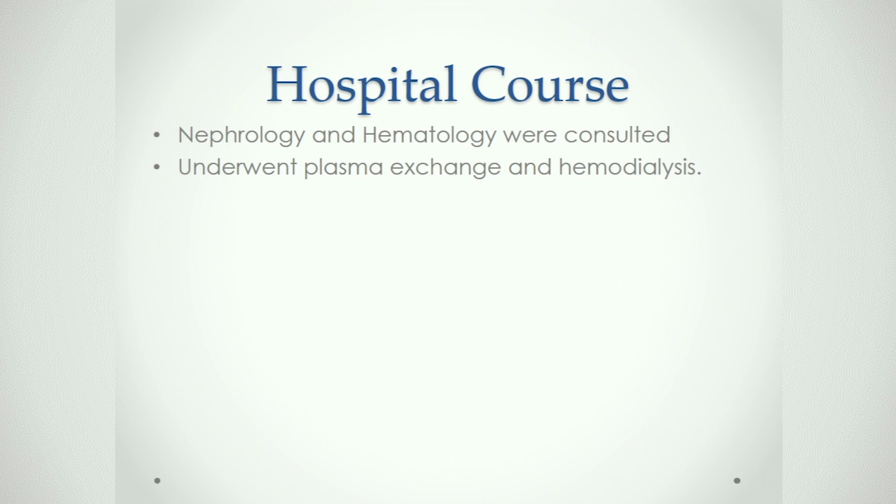And without question, it was quite obvious that she needed to have support, both in terms of what was likely an HUS, while also the concern for ongoing and progressive kidney injury that was fast enough in nature that she was having hyperkalemia and acidemia that needed to be addressed. So she ended up with both plasma exchange and hemodialysis on a daily basis from that day 5 forward.